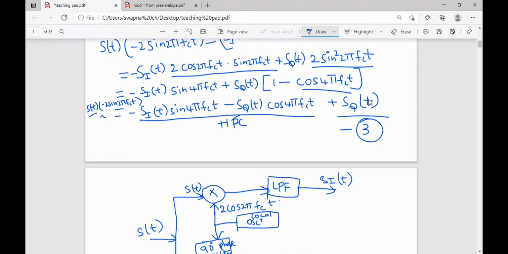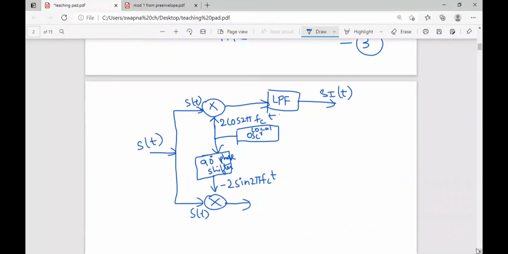So in order to get only Sq of t, which is a low pass signal, I have to pass the signal through the low pass filter. When I pass it through the low pass filter, my resultant equation will be Sq of t. So this is how we will be able to extract Si of t and Sq of t when S of t is given.